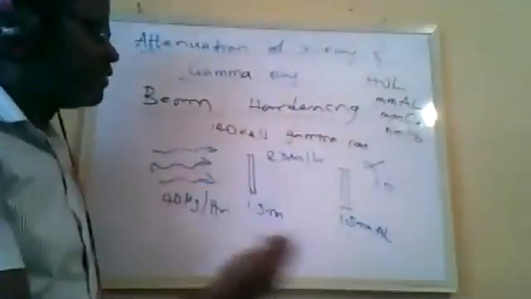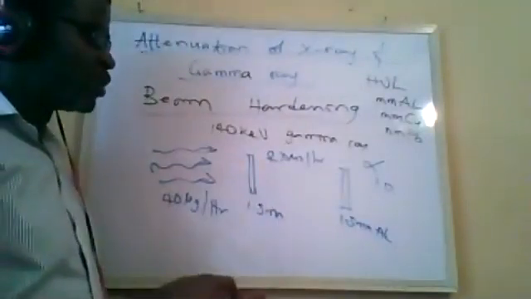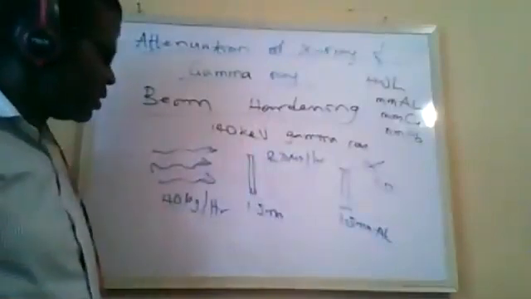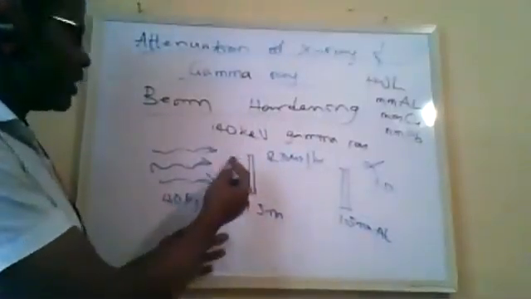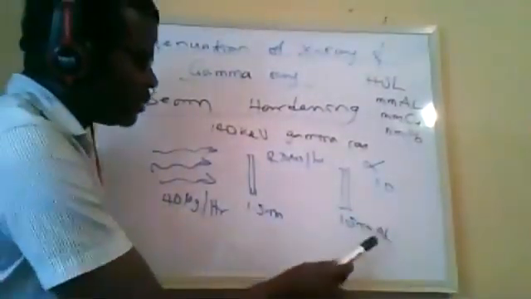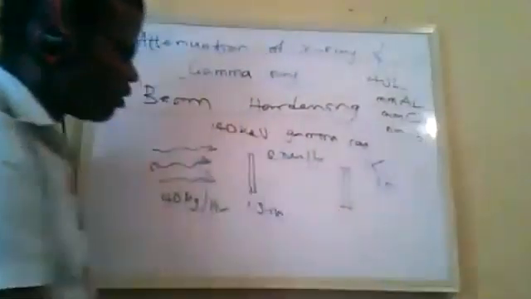You are not going to get 10 because this X-ray or gamma ray is polyenergetic. The effective energy of the beam is what we can actually calculate, because it has so many bands of energy. We might have some 80 kV here, some 90, 60, and so on and so forth. It's a range of energy. So this 1.5 millimeter is not going to reduce it by 1/2. What will reduce it by 1/2 is a thickness greater than 1.5.